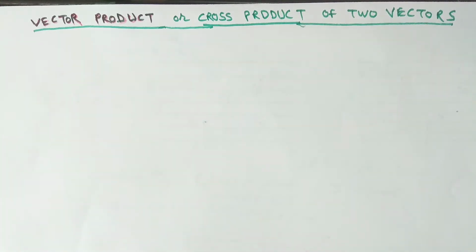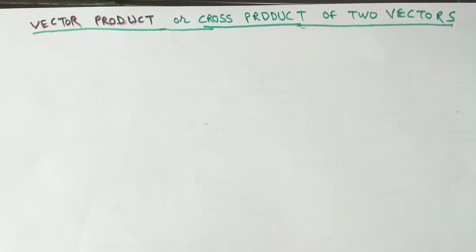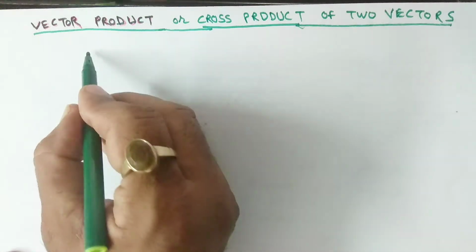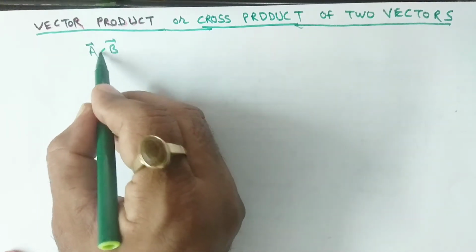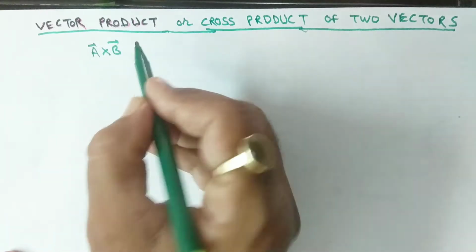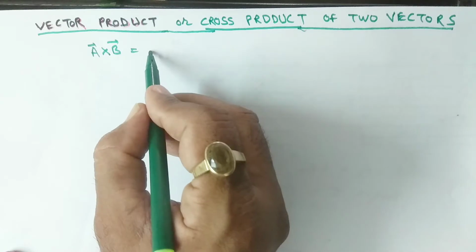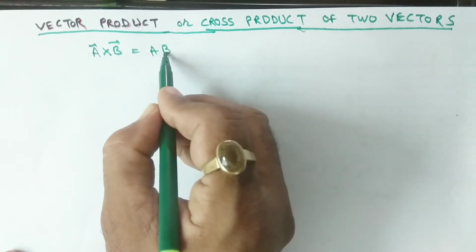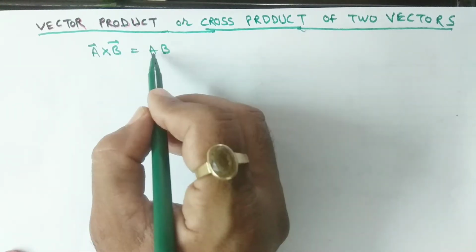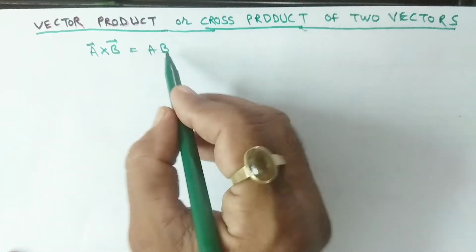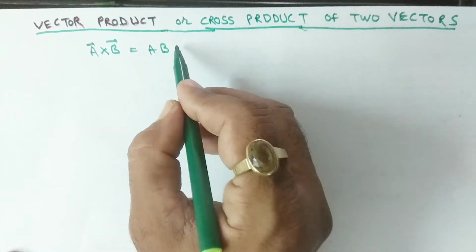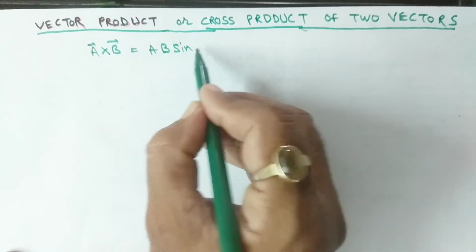So how can we define it? First of all, we'll see its definition. Suppose two vectors, vector A and vector B, are there. Their cross product is always equal to the product of their magnitudes, where A is the magnitude of vector A and B is the magnitude of vector B, and the sine of the angle between them.